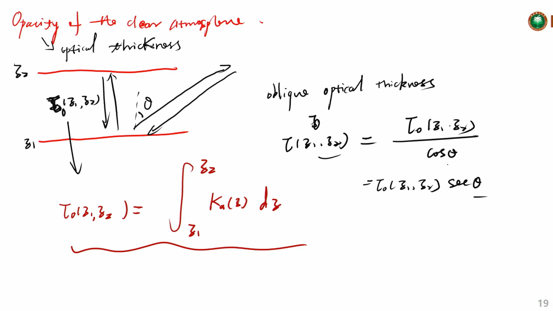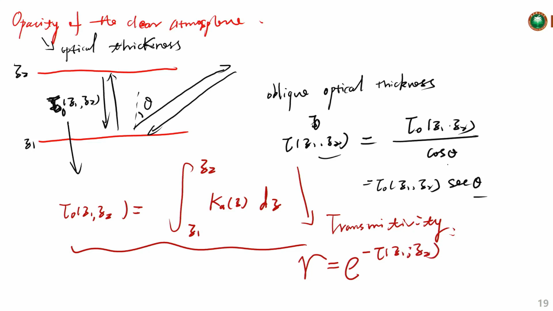If we want to get the transmittivity corresponding to this term, it can be expressed as e to the power of minus tau theta 1, theta 2, divided by cosine theta, to represent the transmittivity here.